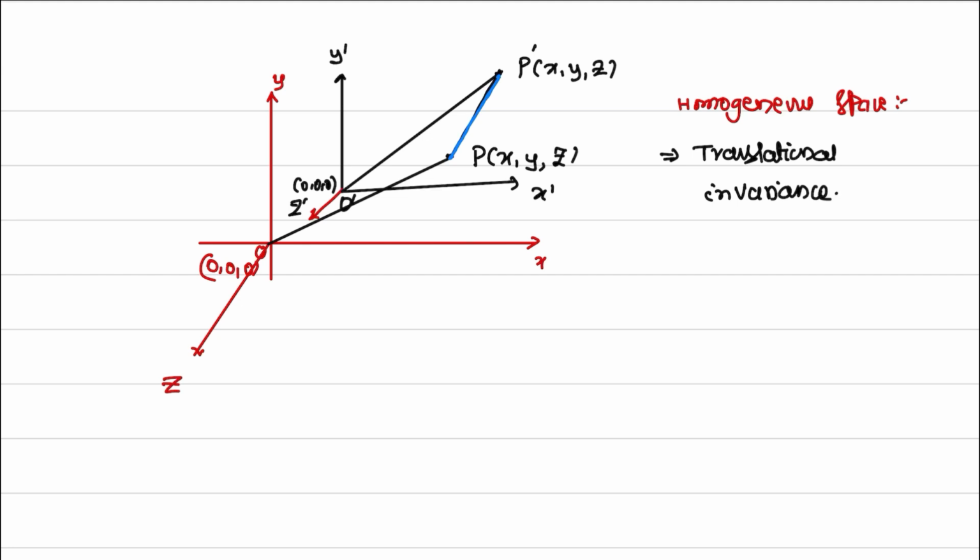That means by changing the coordinates from my origin, my library, to my friend's hostel room, the particle properties are not changing, meaning this is a homogeneous space. In a homogeneous space, when the particle properties are not changing, this is called translational invariance.